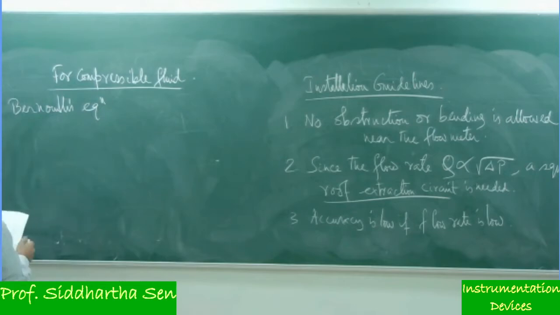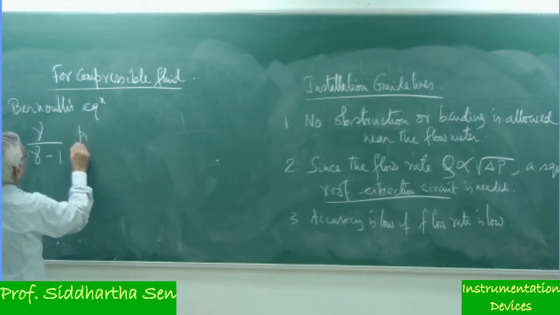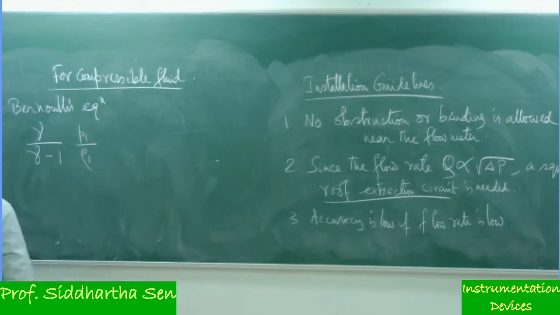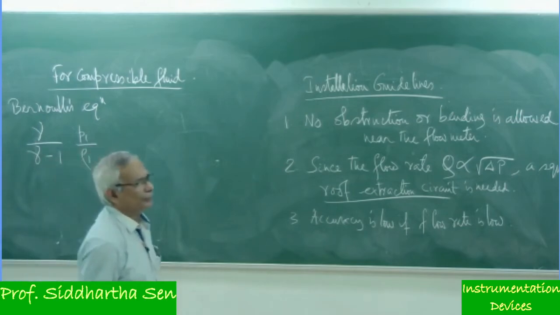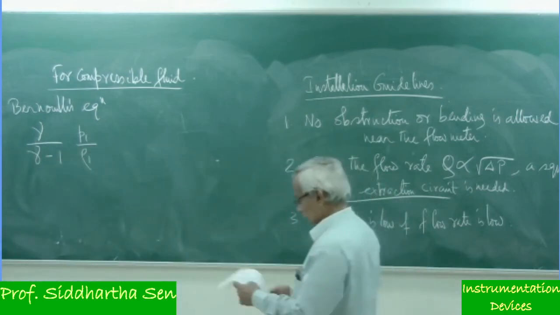The modified Bernoulli's equation is gamma divided by gamma minus 1 into P1 divided by rho 1. Mind it, in this case it is compressible, so naturally rho 1 is not equal to rho 2.